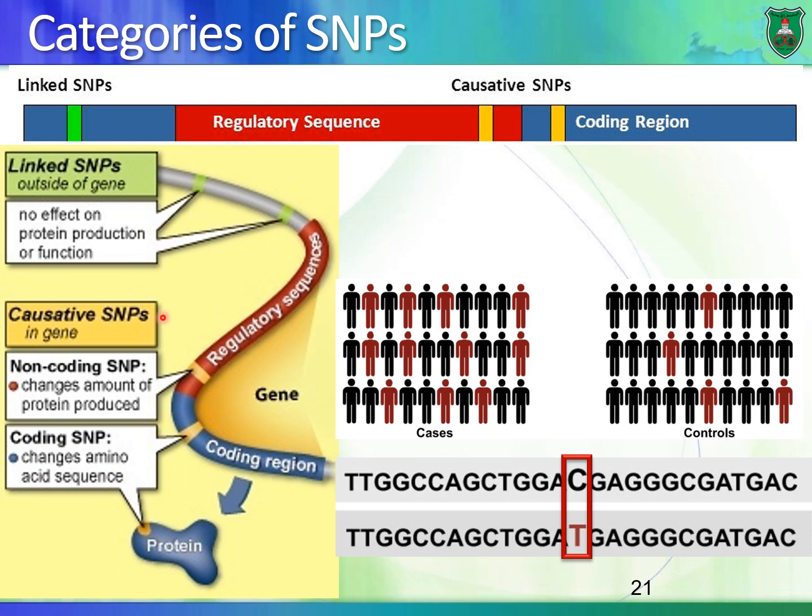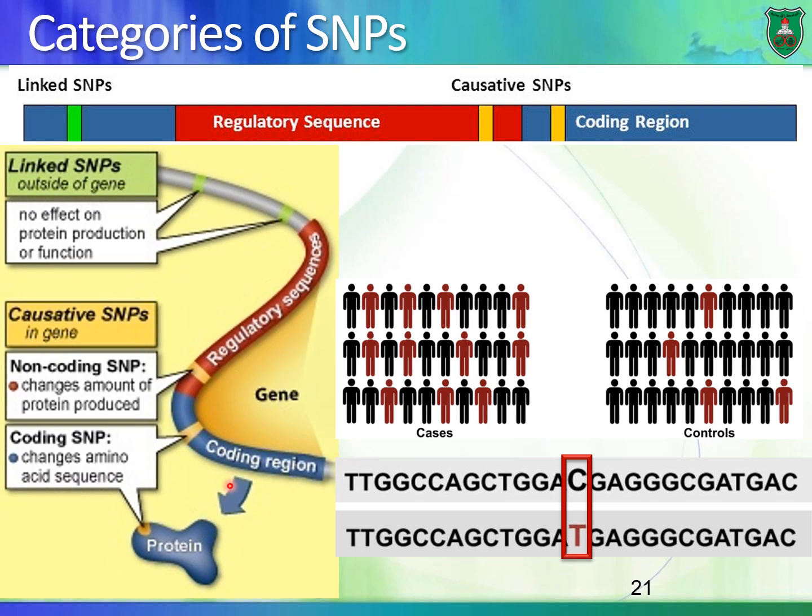Causative SNPs can be located in non-coding regions, and we call them non-coding SNPs. They can be located, for example, in the promoter region. They can be located in a regulatory sequence, meaning a sequence of DNA that regulates, for example, gene expression or protein production. Or SNPs can also be in the coding region, in the DNA sequence that influences protein production, or the sequence of amino acids in a protein.